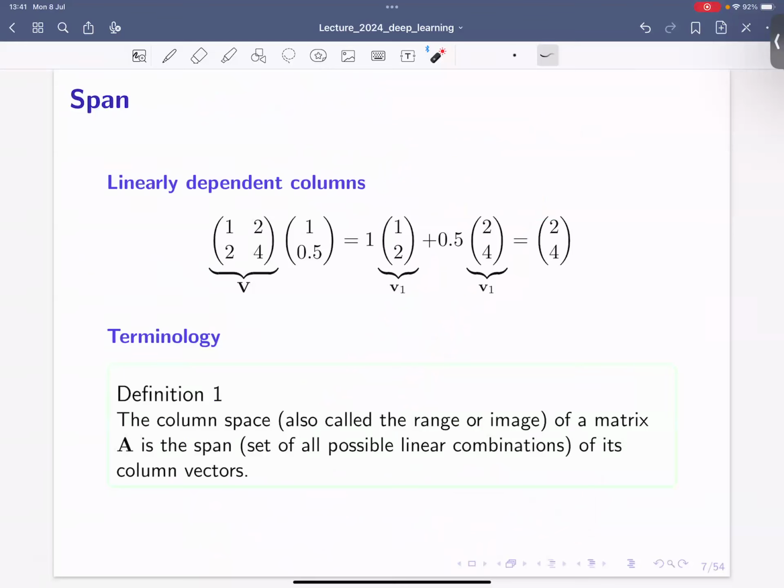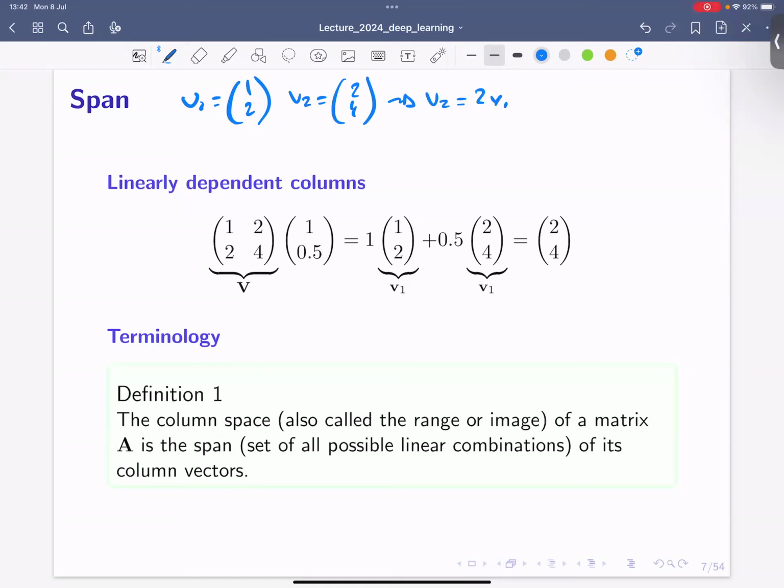Another case that you might want to think about is what happens when the columns of V are dependent. In this case, we have V1 equal to 1, 2, and V2 equal to 2, 4, and then we clearly have that V2 is 2 times V1.